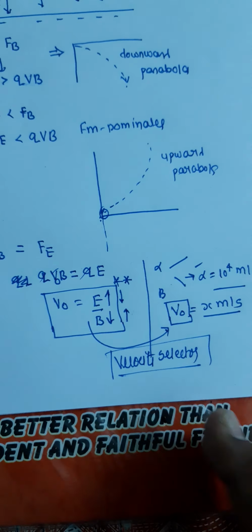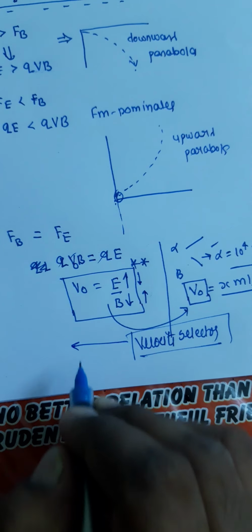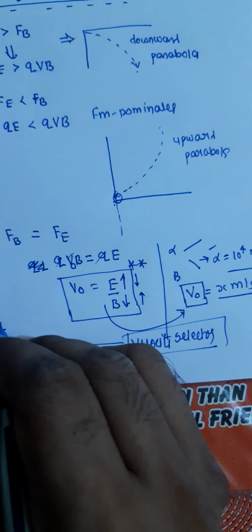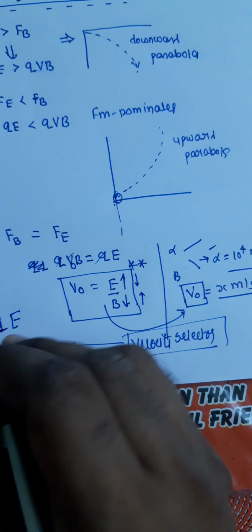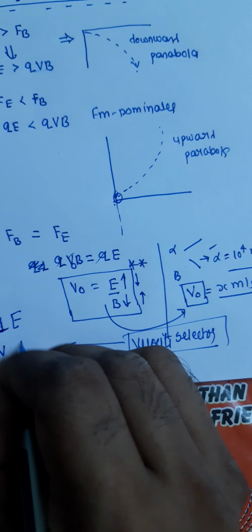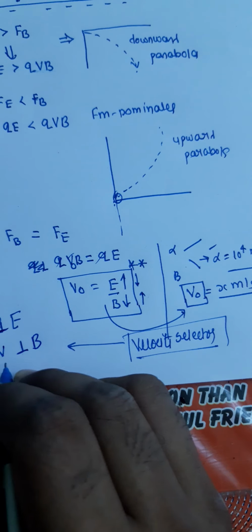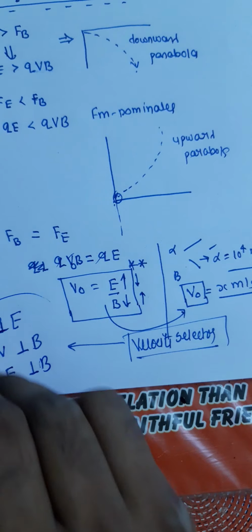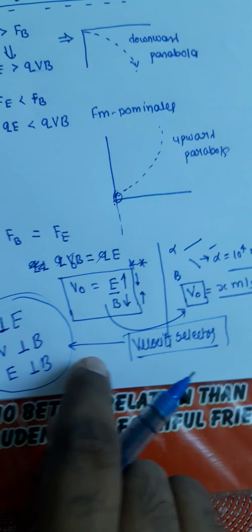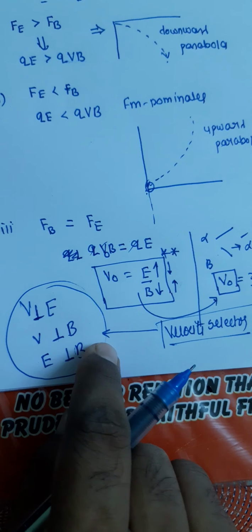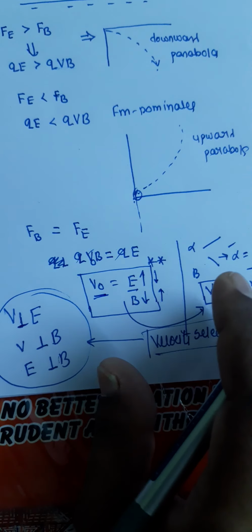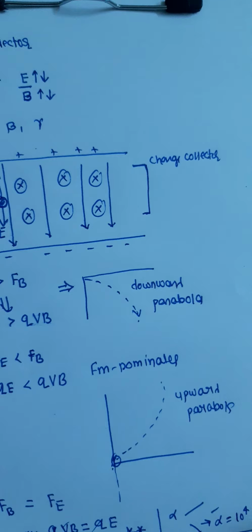But what things are required here at the velocity selector? The conditions: V should be perpendicular to E, V should be perpendicular to B, and E should be perpendicular to B. These three things are required. If this is balanced, the particle is going to perform a straight line path.